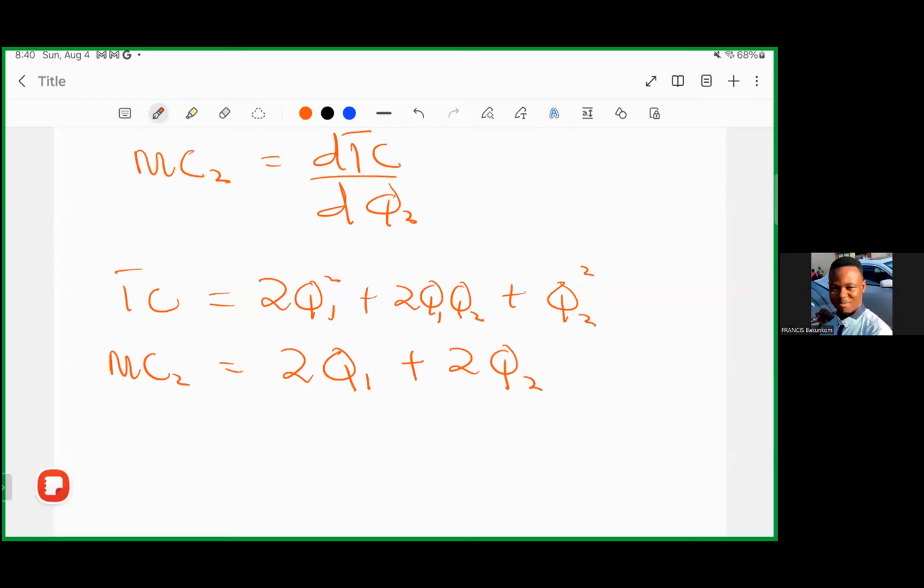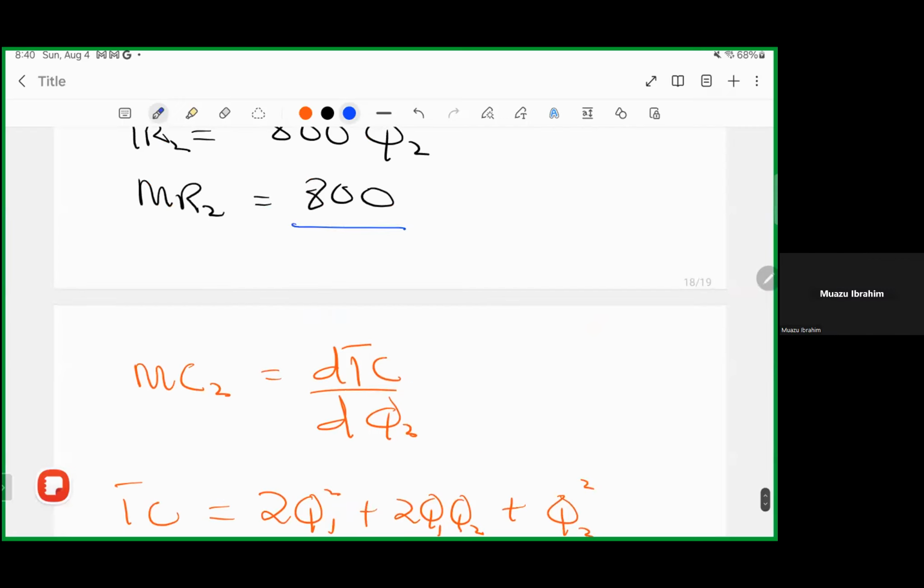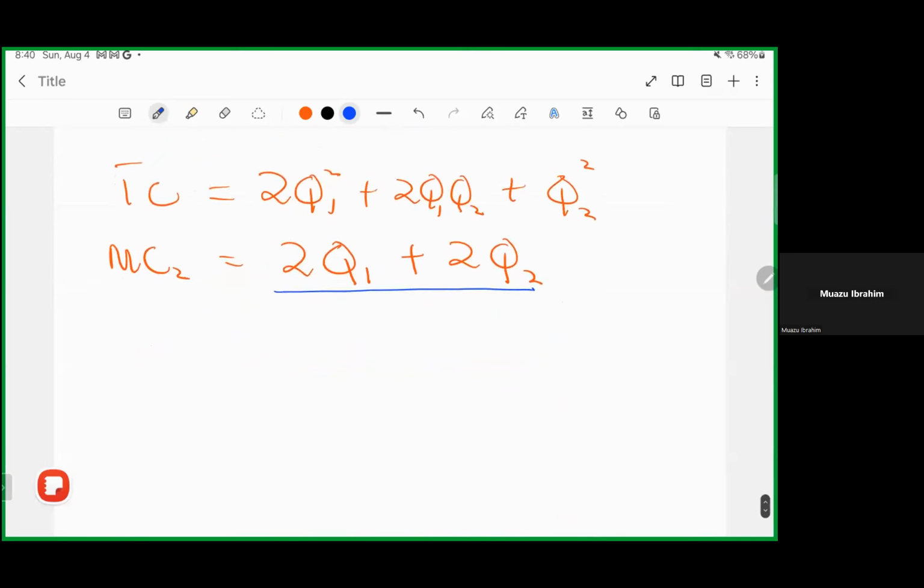You see, it is simple. So in this case, we are going to equate our marginal cost and marginal revenue. So 2Q1 plus 2Q2, the marginal cost, is equal to the marginal revenue.